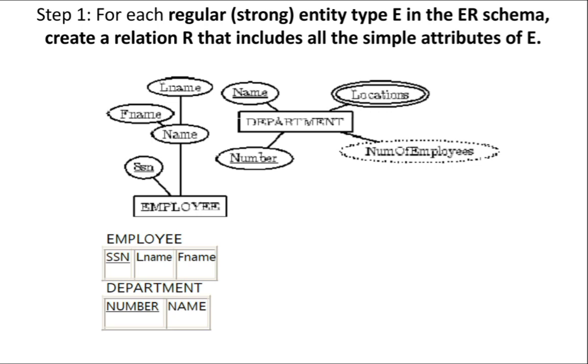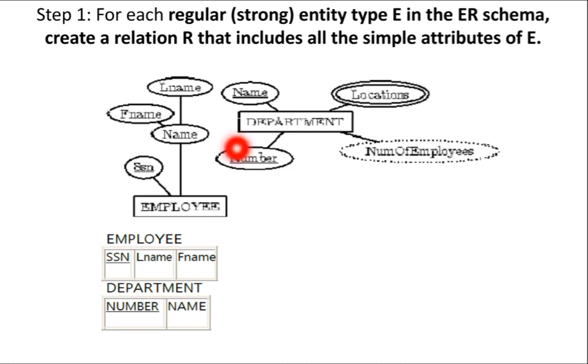But here in an ER diagram, not only the rectangle and the oval, so many other things will also be there. So suppose you get this rectangular box and oval shape, just consider that rectangular box, that entity, as a table. Employee and department entities are separate tables, and also include all the attributes.